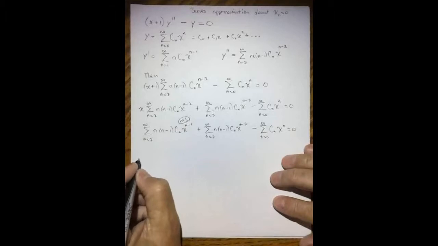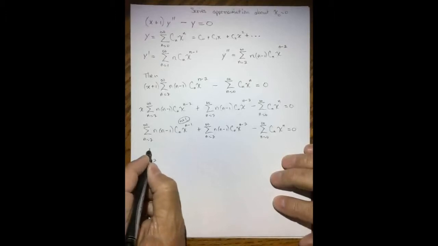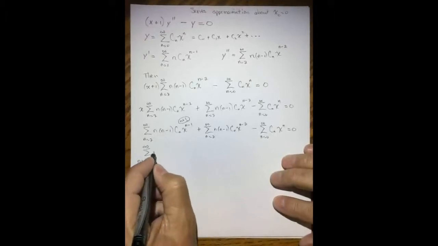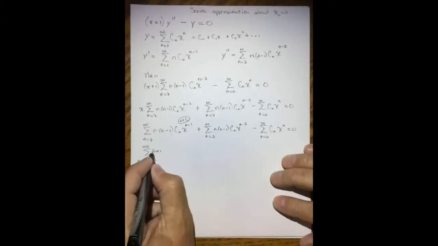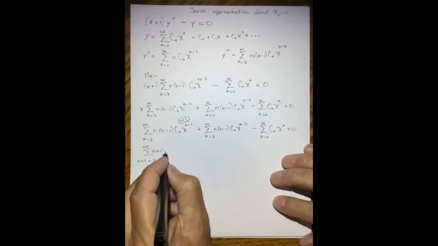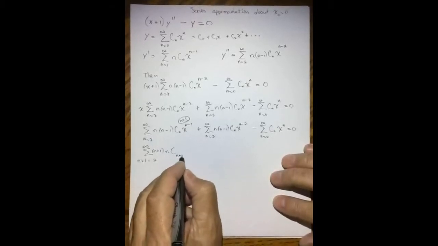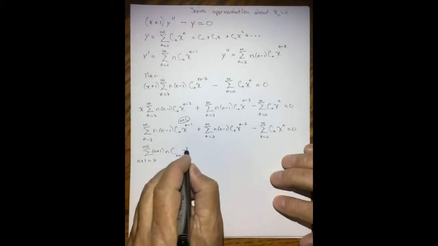So let's do that. It's not a big deal. So I'll have n plus 1 equals 2, the sum. Now I'm going to have an n plus 1. And then I'll have n plus 1 minus 1, which is just an n. This would be c sub n plus 1, and then x to the power n.